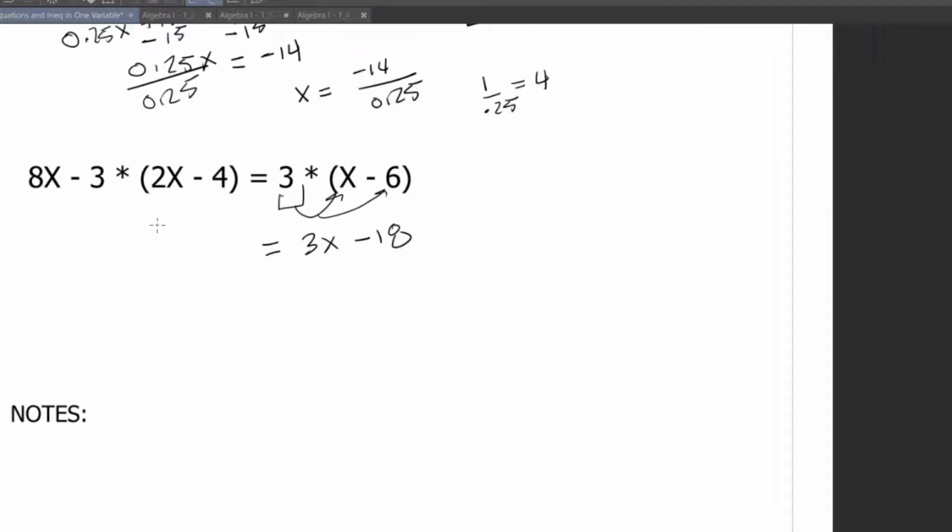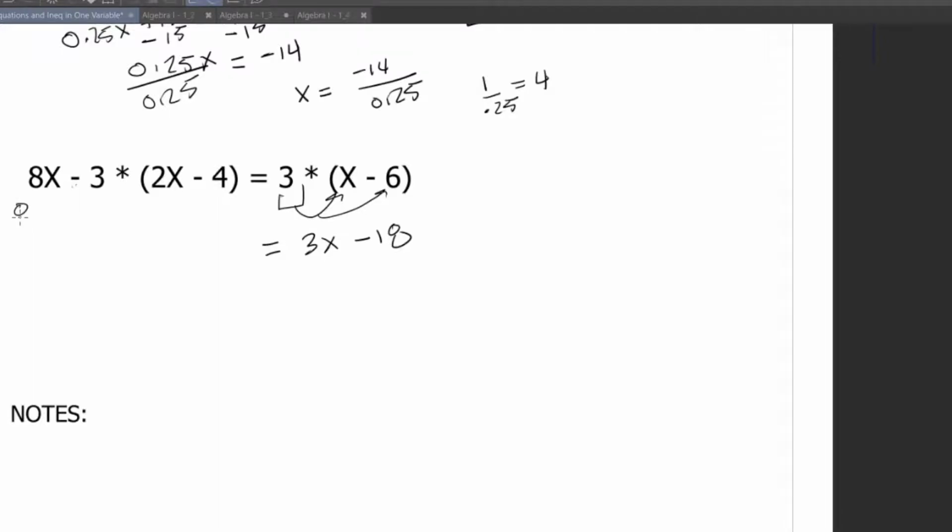Looking at the left-hand side, we have 8x minus 3 times 2x minus 4. Okay, so there's kind of 2 ways you could do this. You can factor out this negative, or you can include this negative with the 3, right? So we're going to include this negative with the 3, I think it's a bit simpler, especially for explaining.